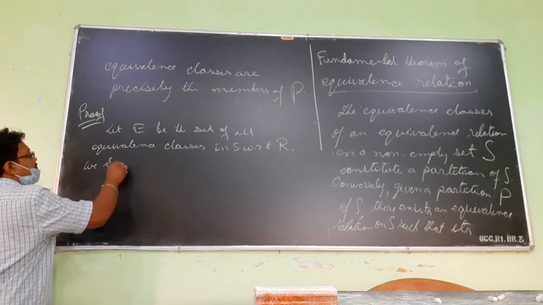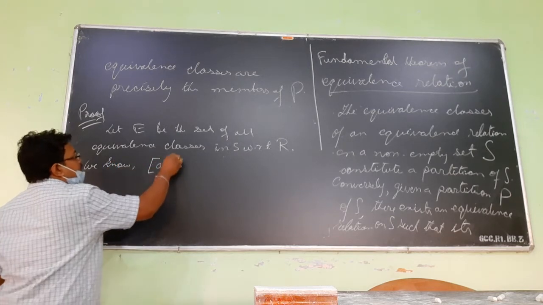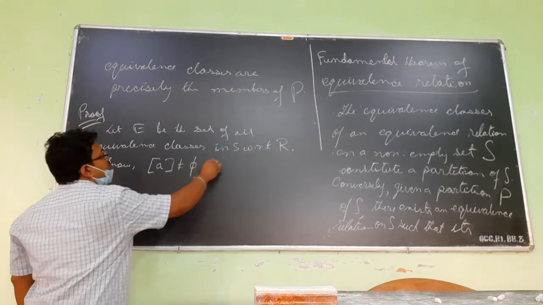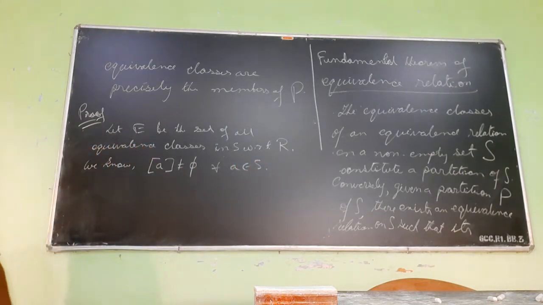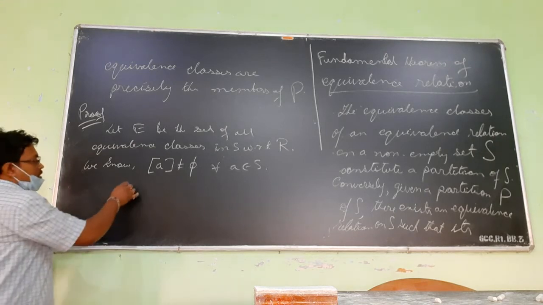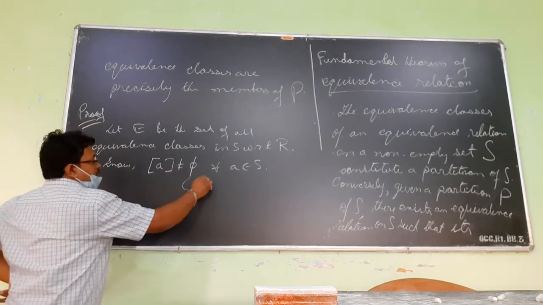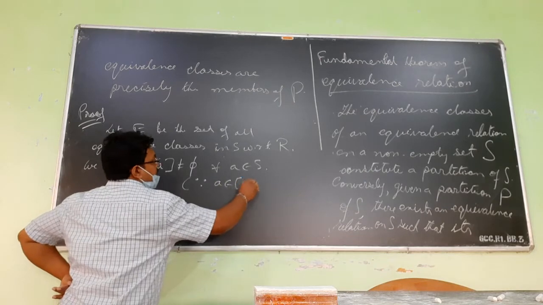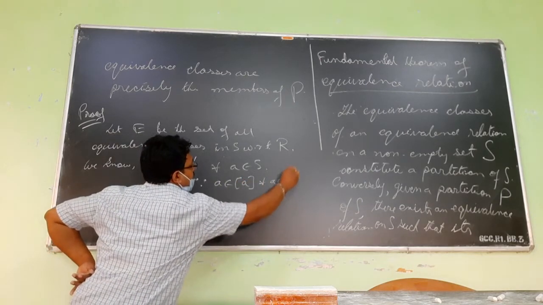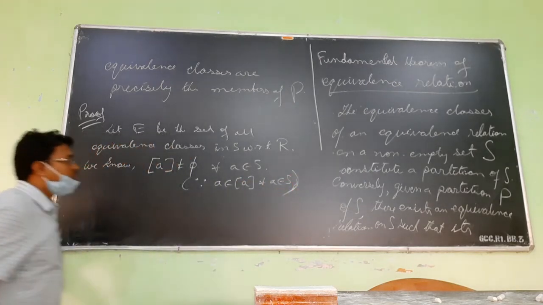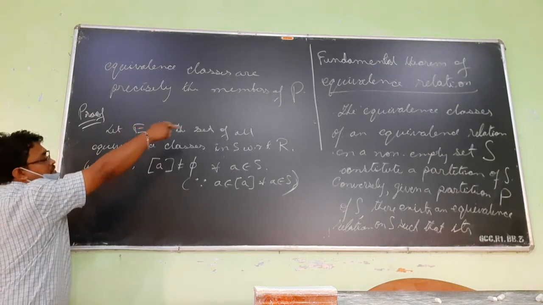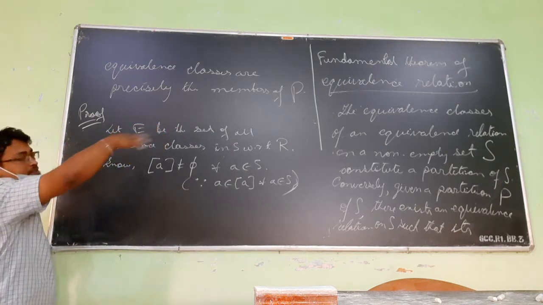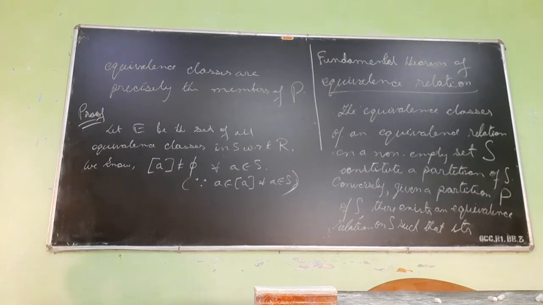We know class A is not equal to phi for all A inside S, since A belongs to equivalence class of A. This we already saw because (A, A) belongs to R. So E is a collection of non-empty subsets of S.